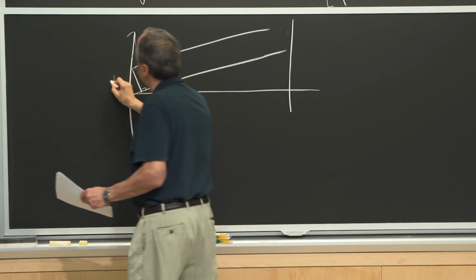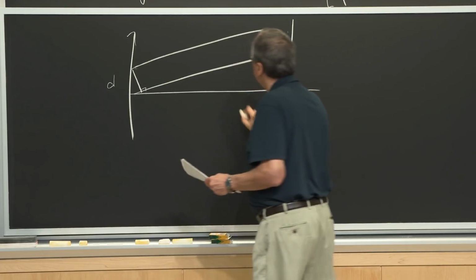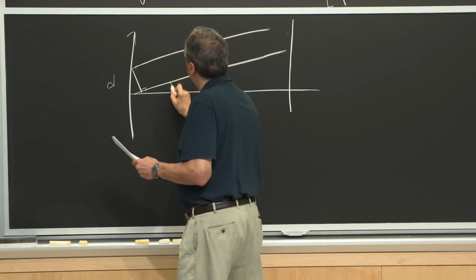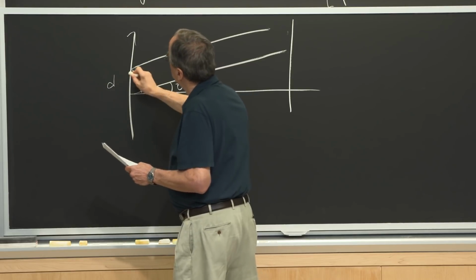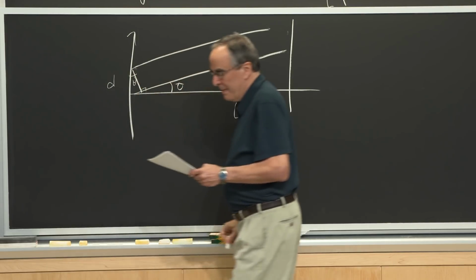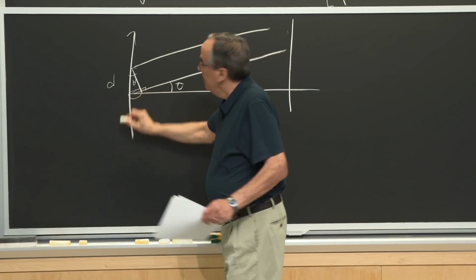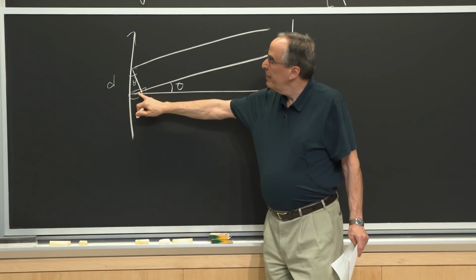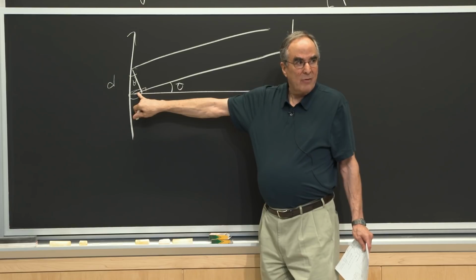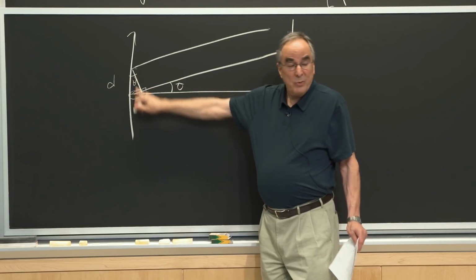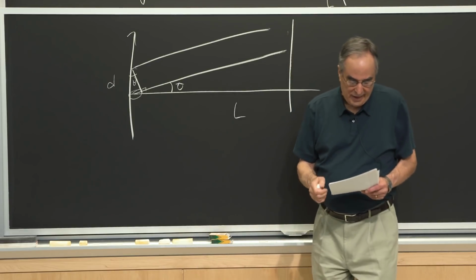So this distance is d, this distance is L, and this angle is theta, as is this angle. Okay, and what we're interested in is this. The extra path traveled by the lower slit. And so we use trigonometry, and we can figure that out.